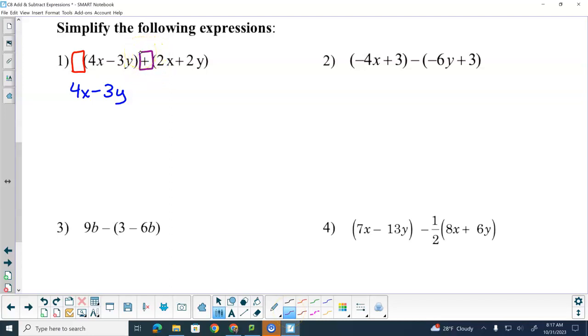No. So plus 2x plus 2y? Yep, okay. Do we have any like terms? Okay, we've got 2y and negative 3y. Do we have any other like terms?